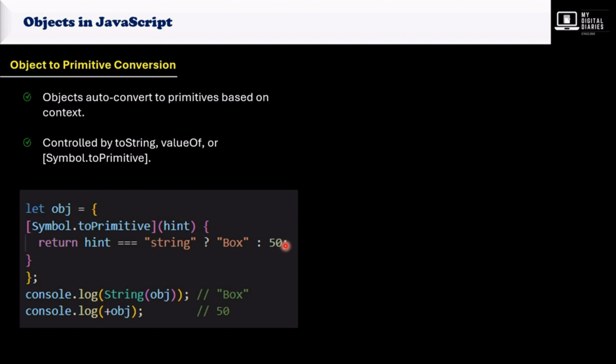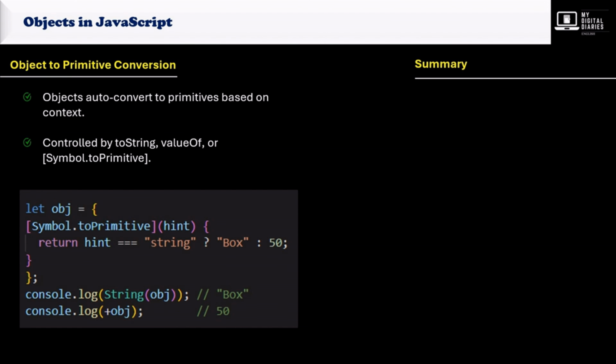Otherwise, it will return the number 50. Now, when I call console.log of String(obj), JavaScript uses the string conversion and prints box. And when I apply the unary plus operator to obj, JavaScript expects a number, so it prints 50. So this shows how we can customize the way objects behave when converted to primitive.